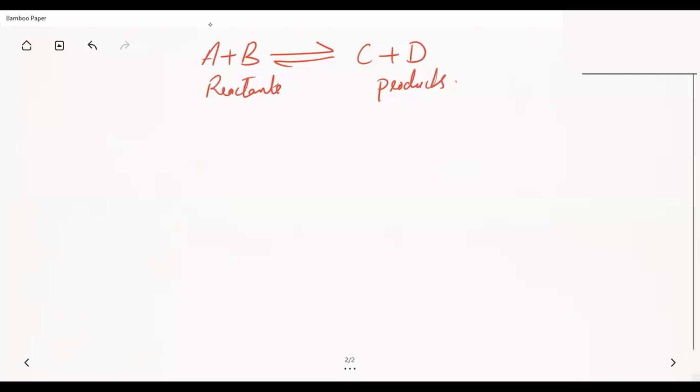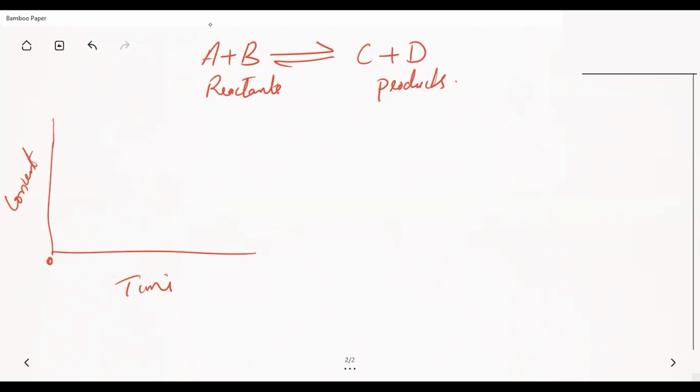So the concentration of A and B will be maximum. Let us draw a graph with concentration plotted on the y-axis and time on the x-axis. At the beginning of the reaction, at time 0, the concentration of A and B will be maximum.